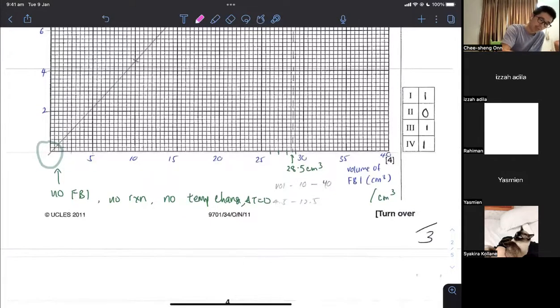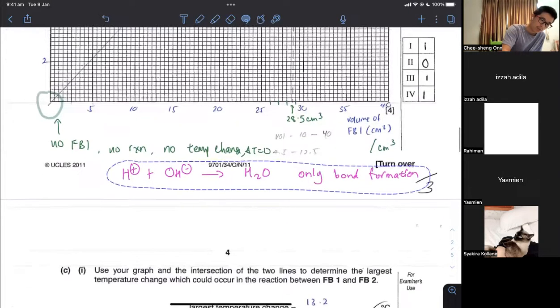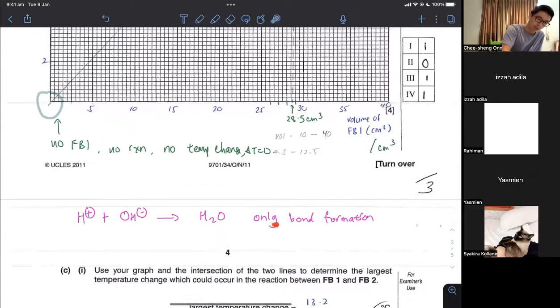Neutralization is exothermic. Every single neutralization involves H+ and OH- giving you H2O. This is only bond formation. If you think about if there's any bond being broken, there is no bond that's being broken at all, because if you draw it out, you can see it. No bond is broken. There's already one covalent bond there, and you're forming another covalent bond.